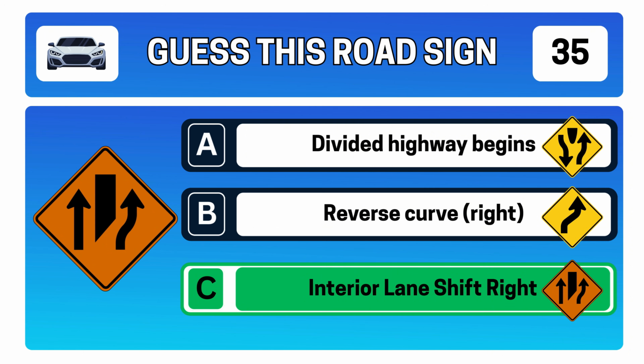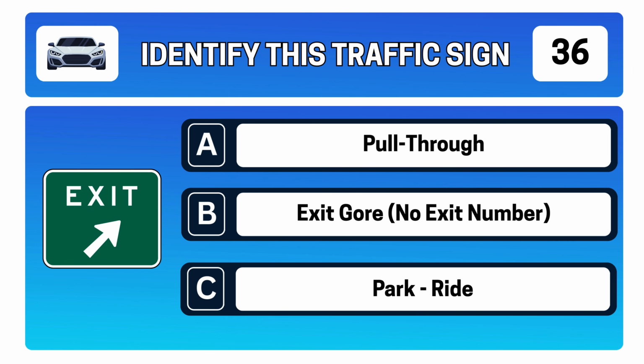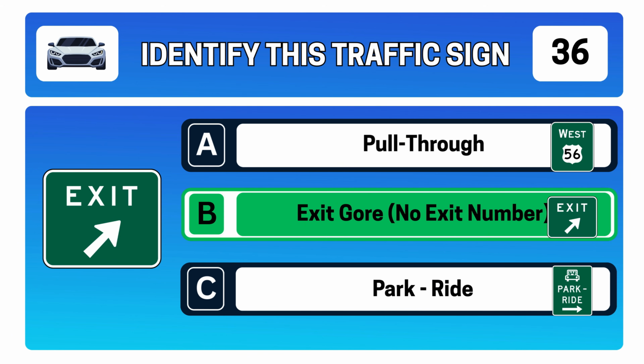Exactly. This is the interior lane shift right sign. Identify this traffic sign. Well observed. This is the exit gore no exit number sign.